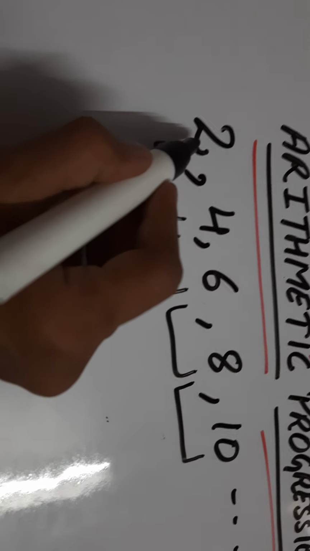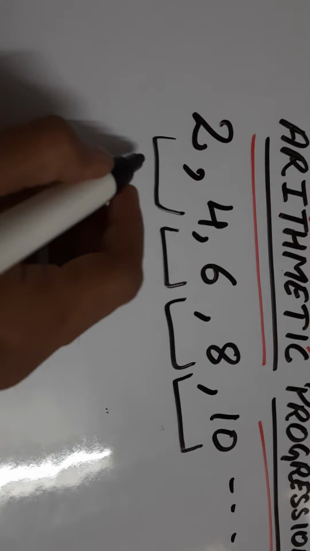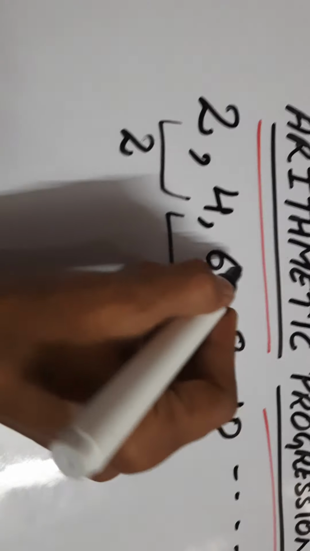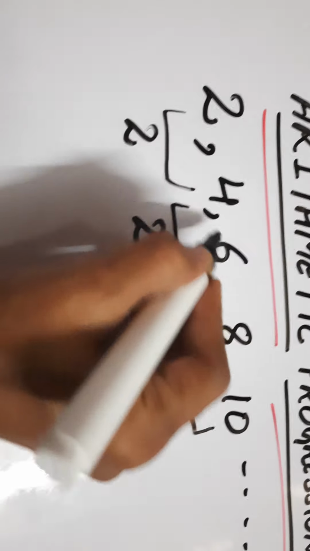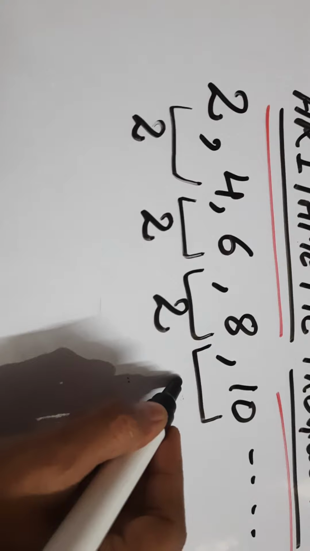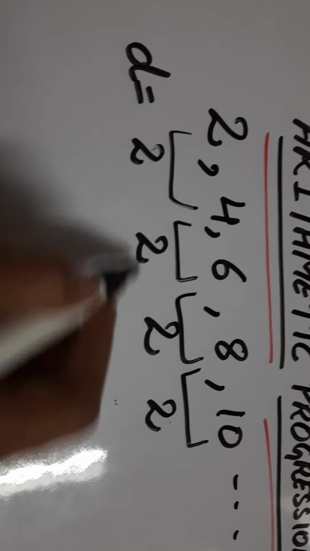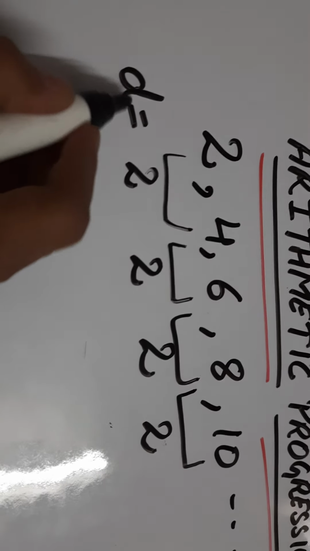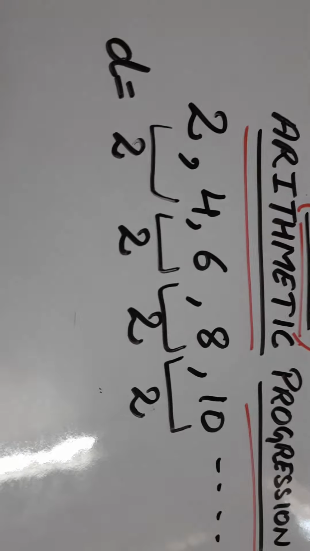For example, the difference between 2 and 4 is 2. 4 minus 2 is 2. 6 minus 4 is 2. 8 minus 6 is 2. 10 minus 8 is 2. Means their difference is constant, and that common difference is denoted by small d.